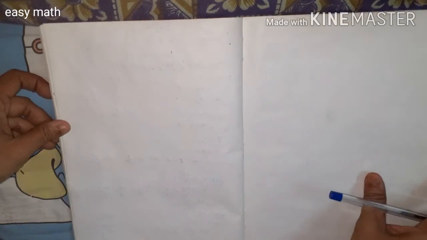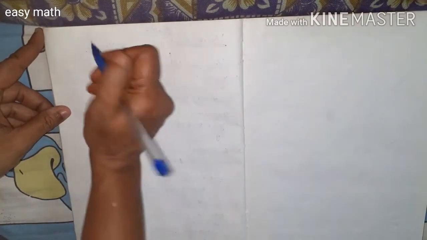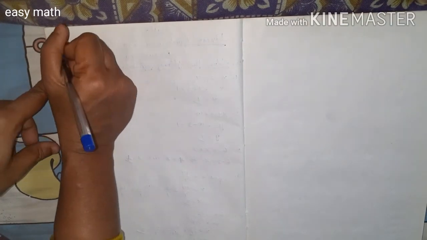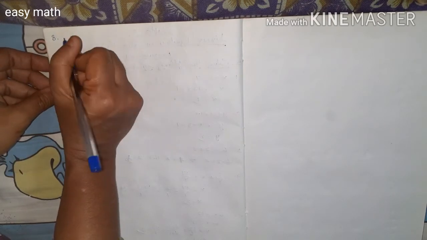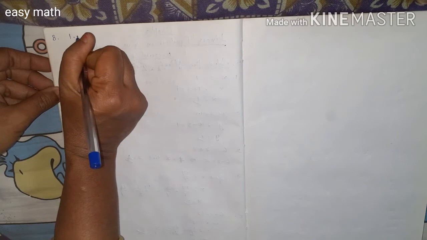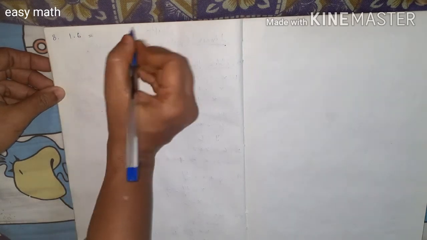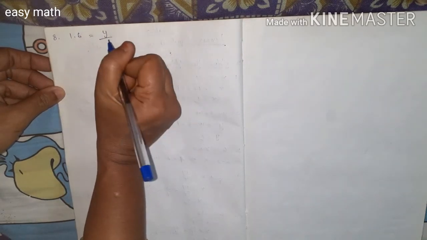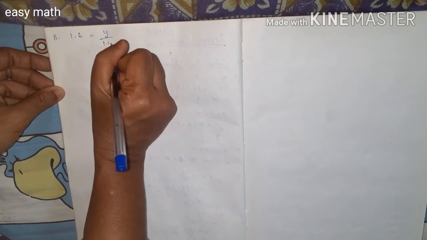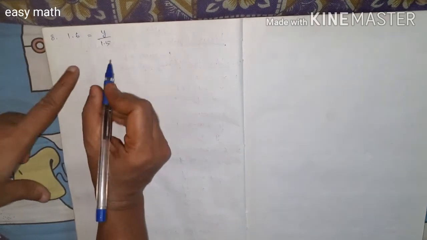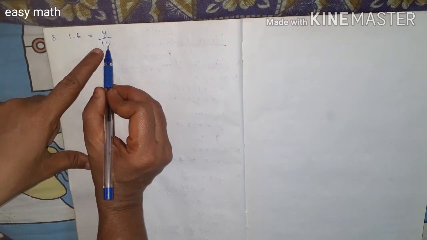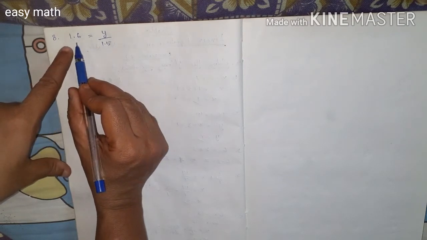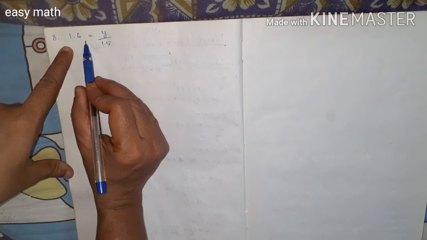Up to the 7th sum. Next we are seeing the 8th sum. 1.6 equal to y by 1.5. Here y divided by 1.5, on the left hand side it will become into 1.5.